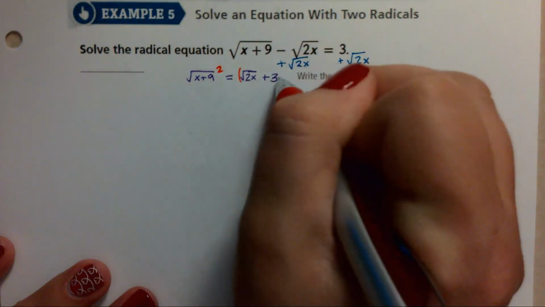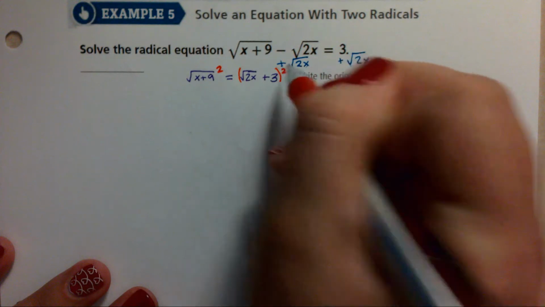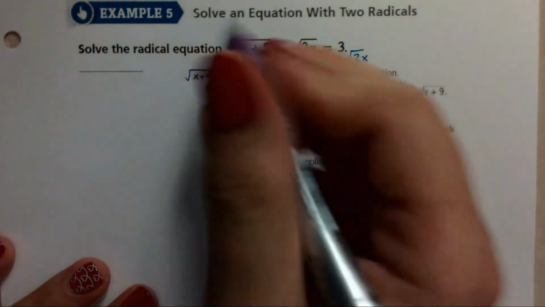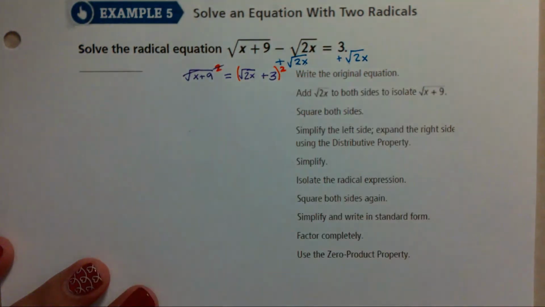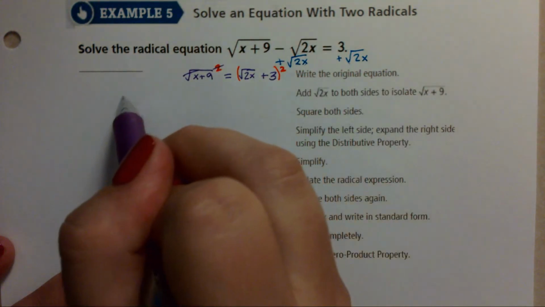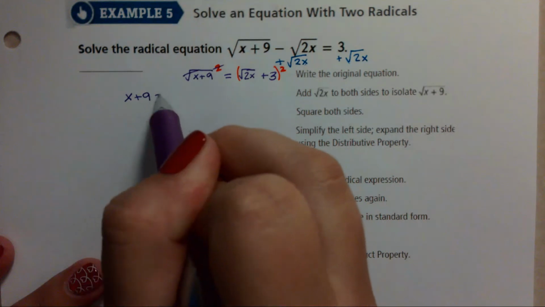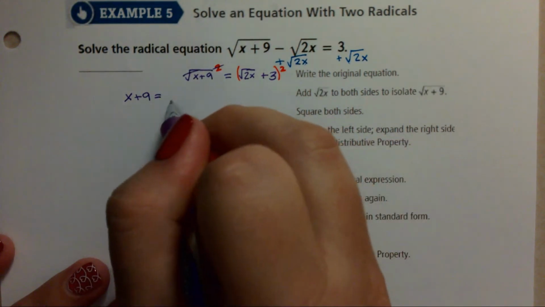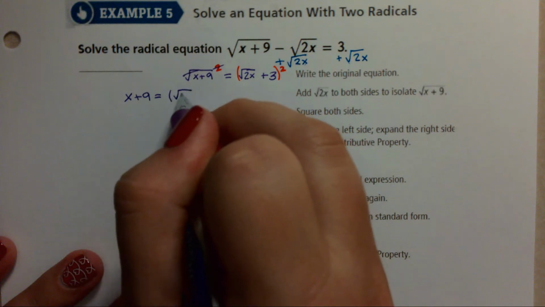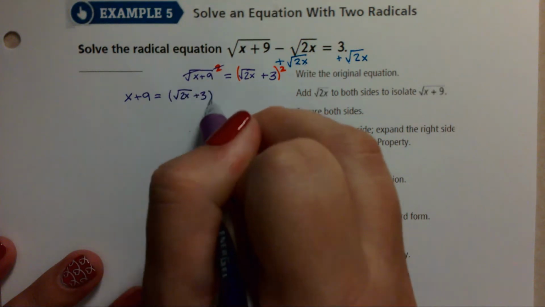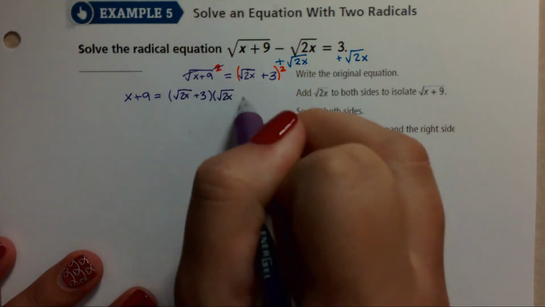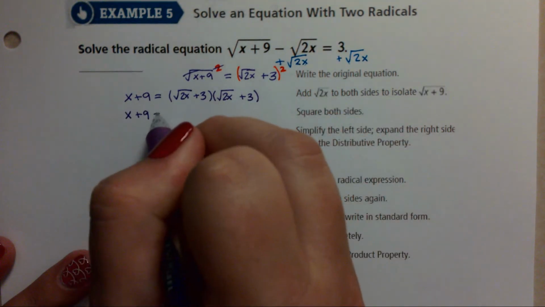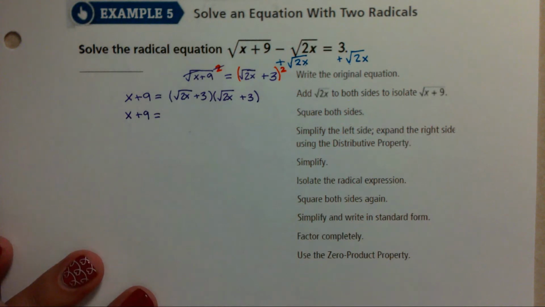And when I square the right side, it's a binomial, so I've got to keep that in parentheses. And on the left, the square root and the square are going to cancel each other out. And so I get x plus 9 equals, now a binomial squared is square root of 2x plus 3 times square root of 2x plus 3. So I have x plus 9 equals, we've got to distribute this out.